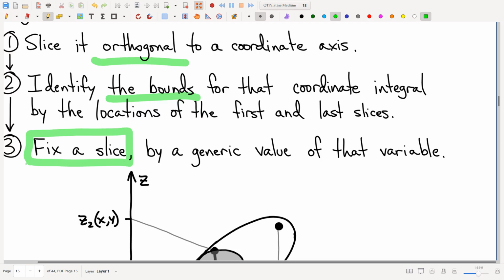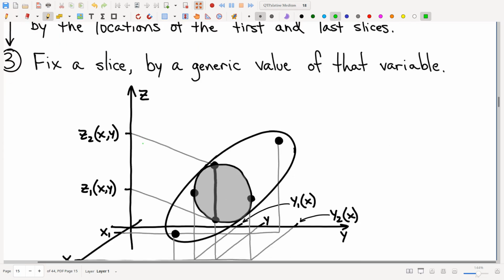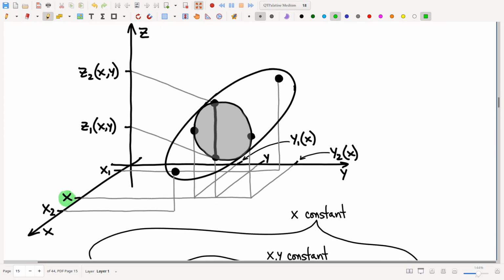So we're going to be looking at fixing a particular y slice of our particular x slice. Let's draw that picture. We've already decided to fix x to give me that, and then we're going to fix y to give me that.